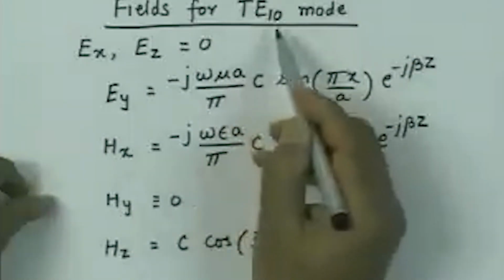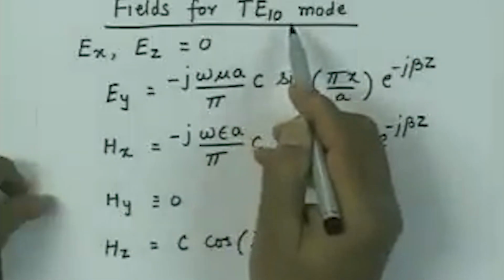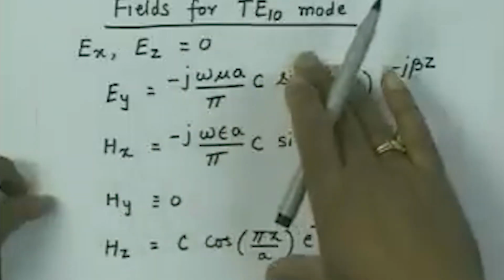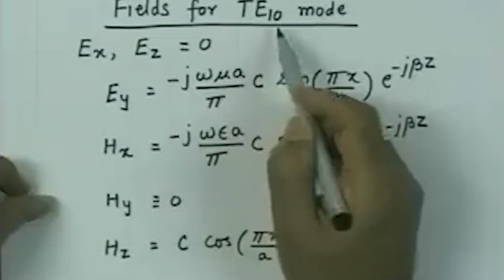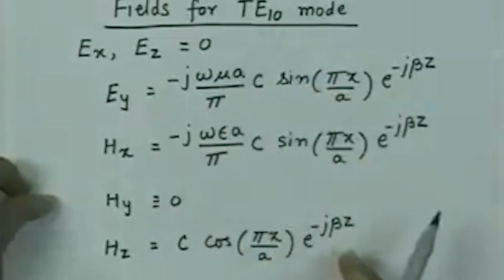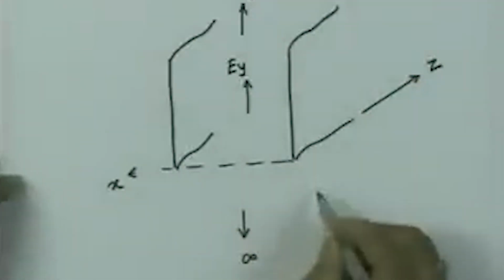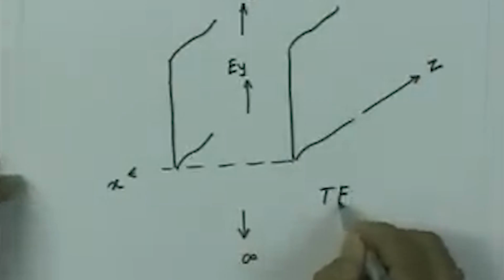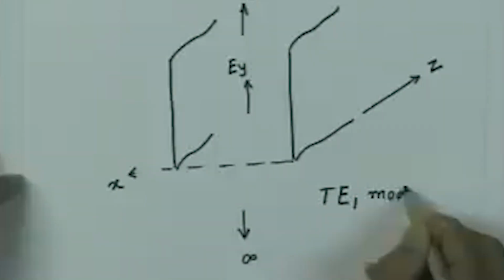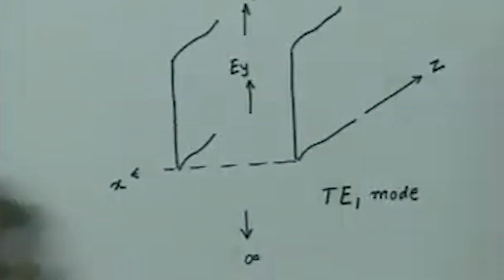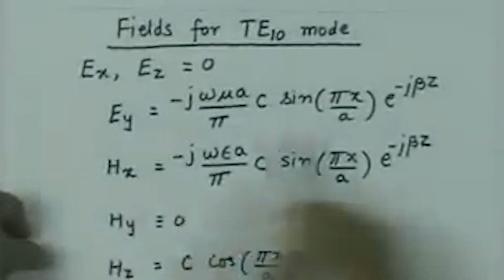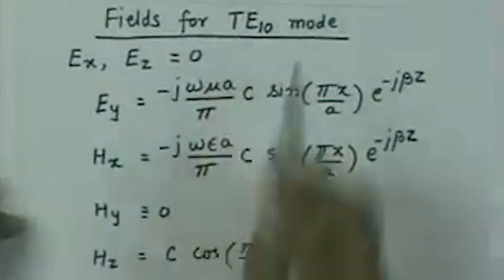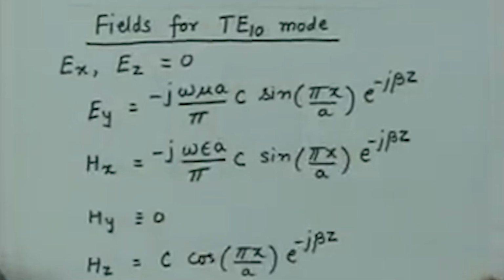So, these fields are TE10 for the rectangular waveguide, but exactly the same expressions I have for the TE1 mode for a parallel plane waveguide. So, we have a situation here which is the TE1 mode, for which the fields are identical to the fields of the TE10 mode for the rectangular waveguide.